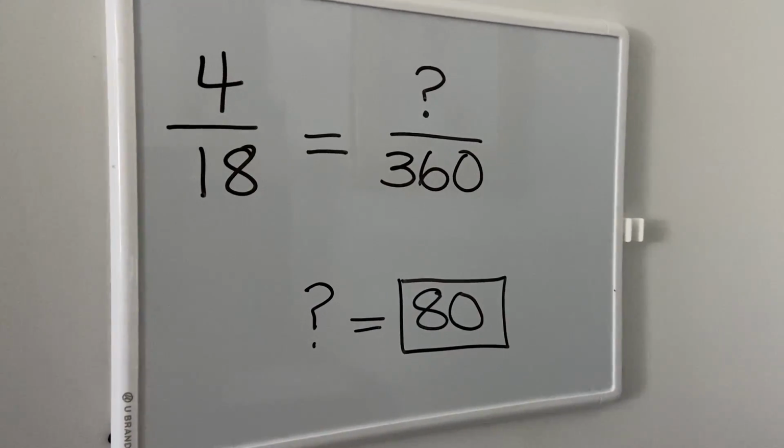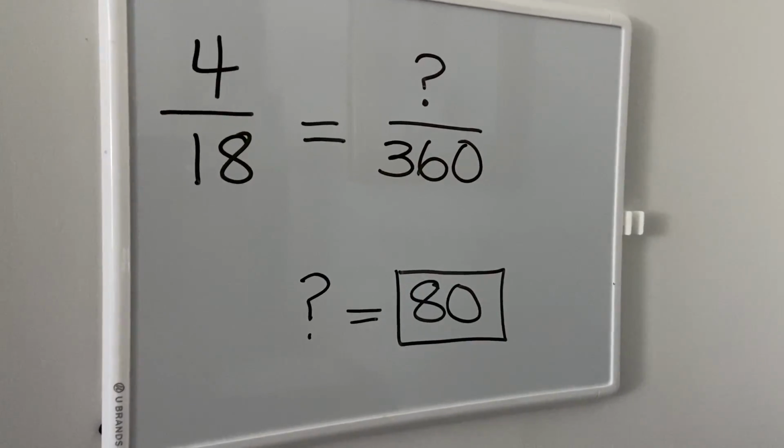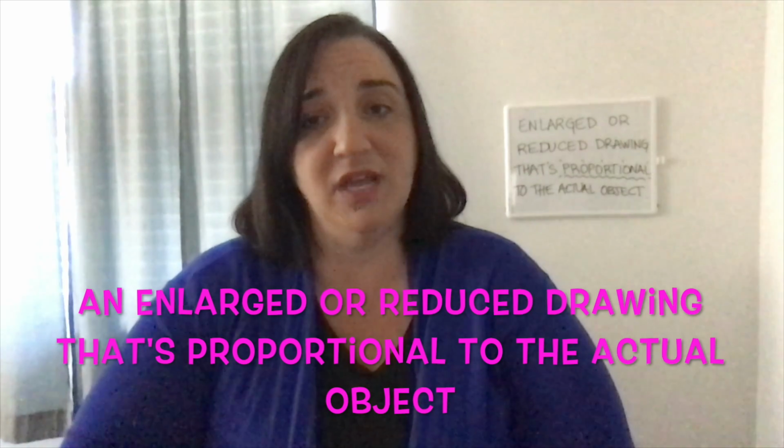All right, if you know how to do this, then you're going to be fine with scale drawings. Hi guys, we're talking about scale drawings today, and I think you're going to find this very easy. But first, let's talk about what a scale drawing is. A scale drawing is an enlarged or a reduced drawing that's proportional to the actual object.